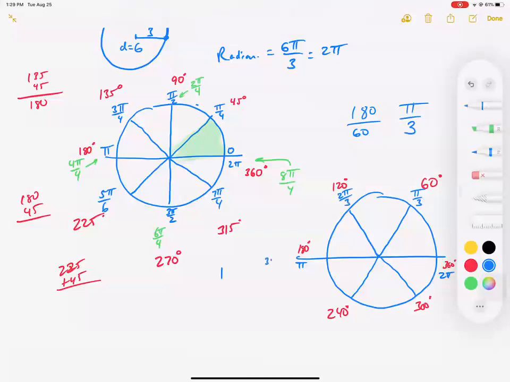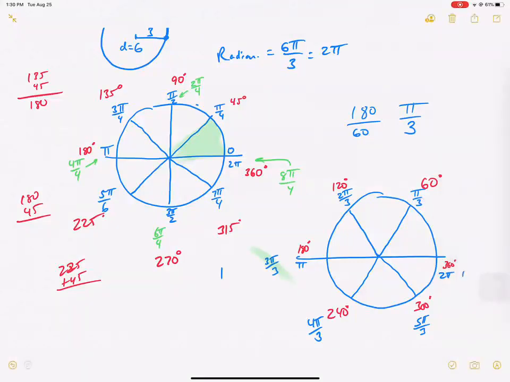This would be 3 pi over 3, and those divide out nicely and cleanly. We have 4 pi over 3, 5 pi over 3, and then our last one, 6 pi over 3, which leads us back to 2 pi.